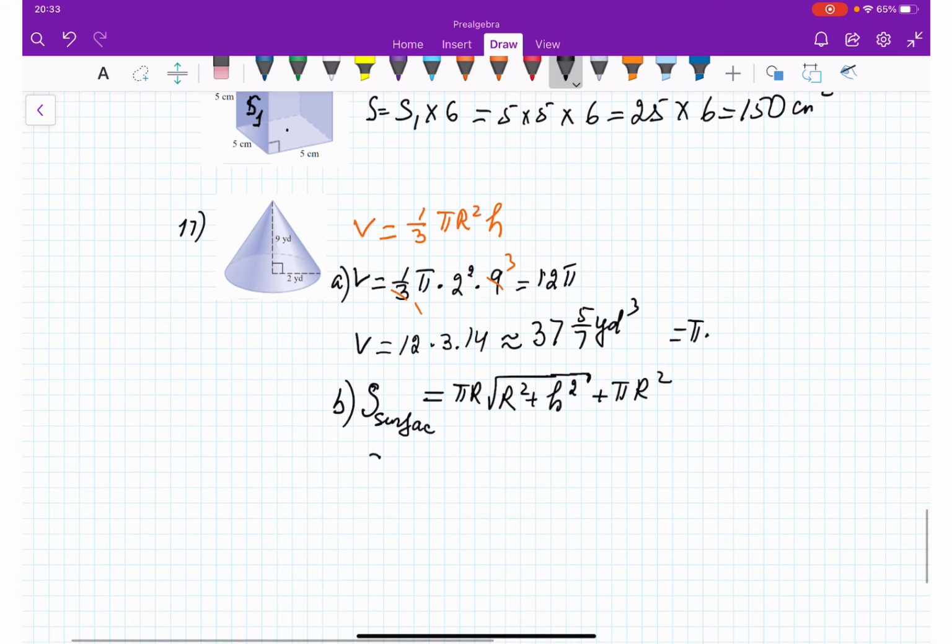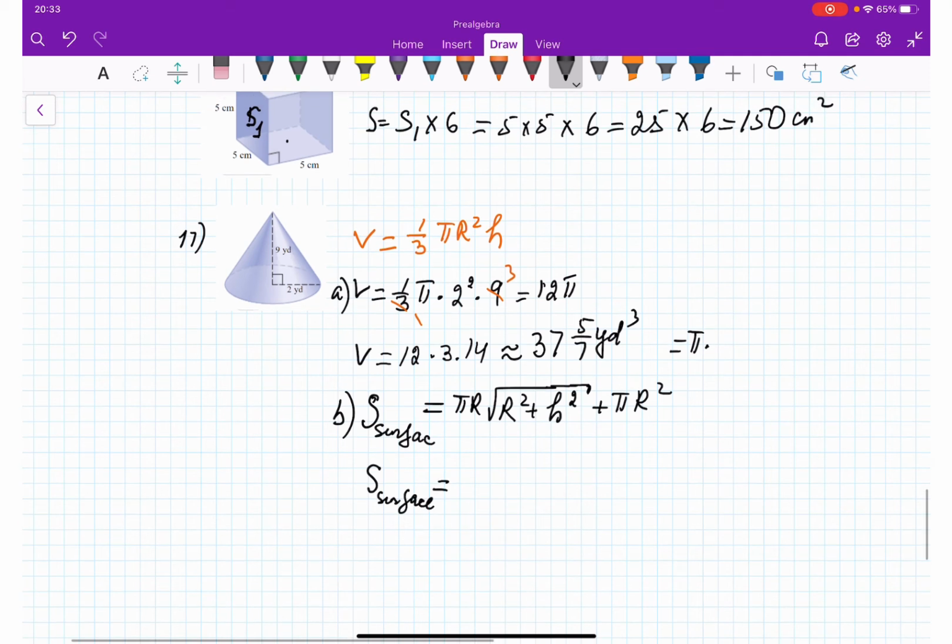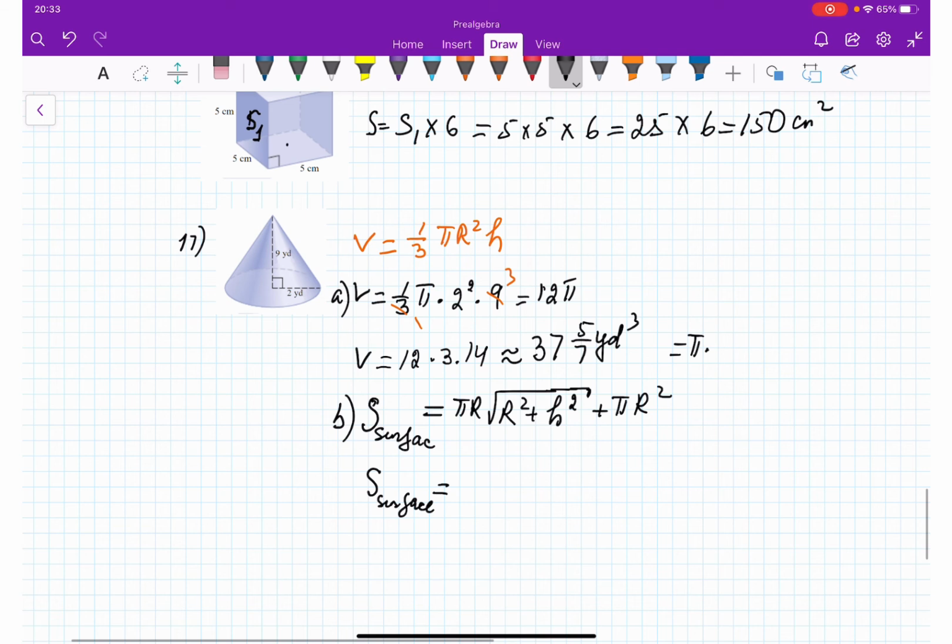Okay, S of surface is equal pi, r is 2, so it's going to be 2 pi square root 2 squared plus 9 squared plus pi and r squared, which is 2 squared.